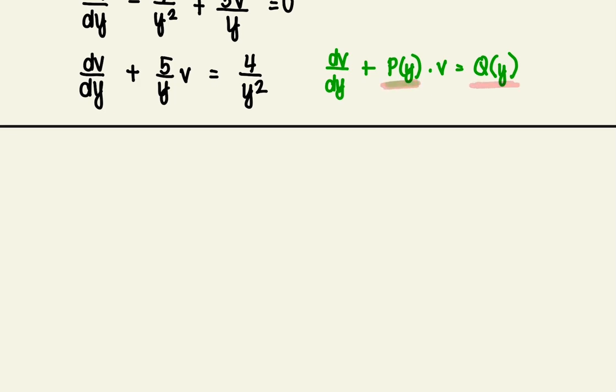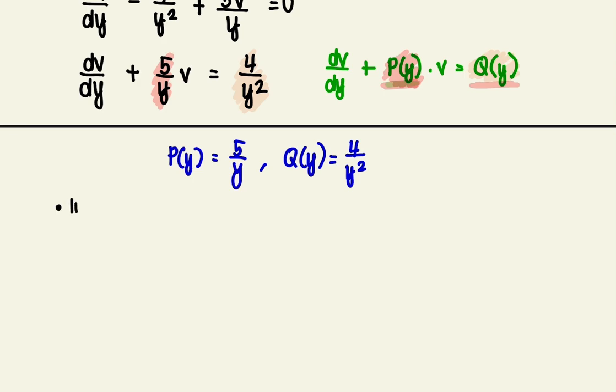So now in our given DE, our p of y is 5 over y, that's this one, and our q of y is 4 over y squared. So the next step is to determine our integrating factor.